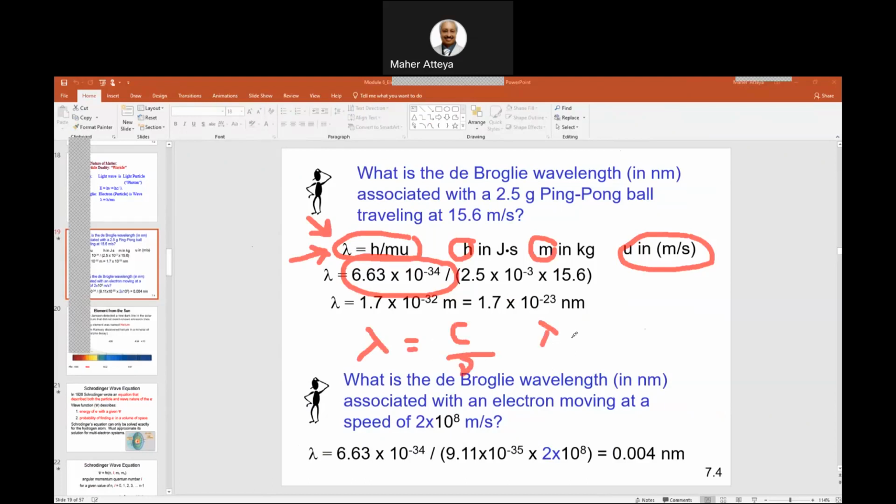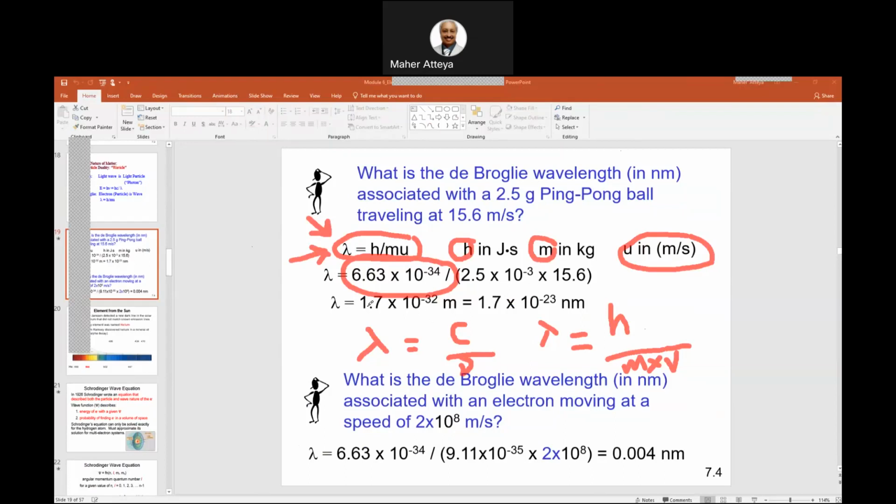This one here is Planck constant, mass multiplied by U or V. V is the speed, not the volume, speed. So velocity or speed. You can see, depending on what the question is, multiple choice, you have to differentiate between those two laws. Just put this one aside as a formula.